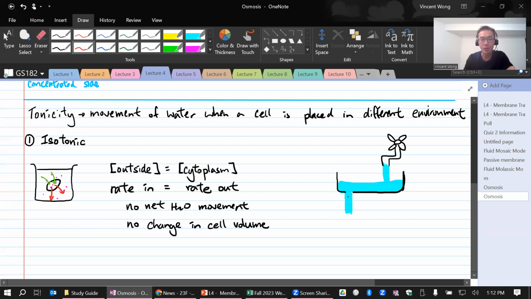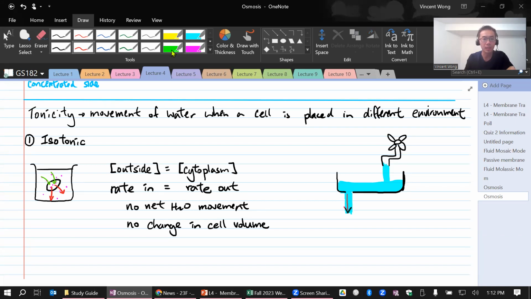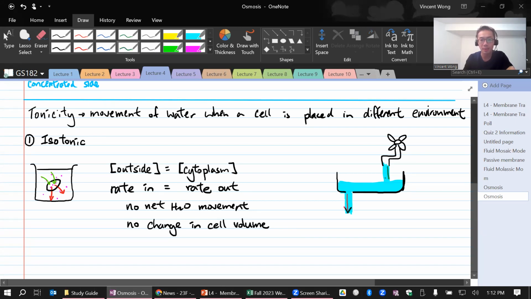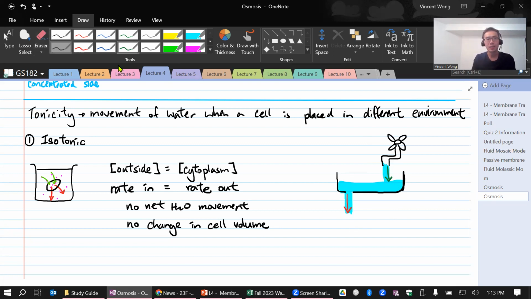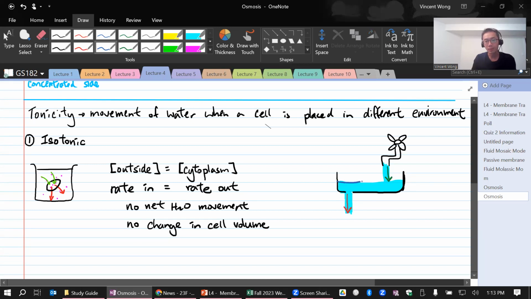Water is leaving at the bottom, but at the same time, water is coming in. But the rate at which the water is coming in is the same as the rate it's leaking. So what's gonna happen to the water level? Is it gonna go up, go down, no change? No change, that's right.